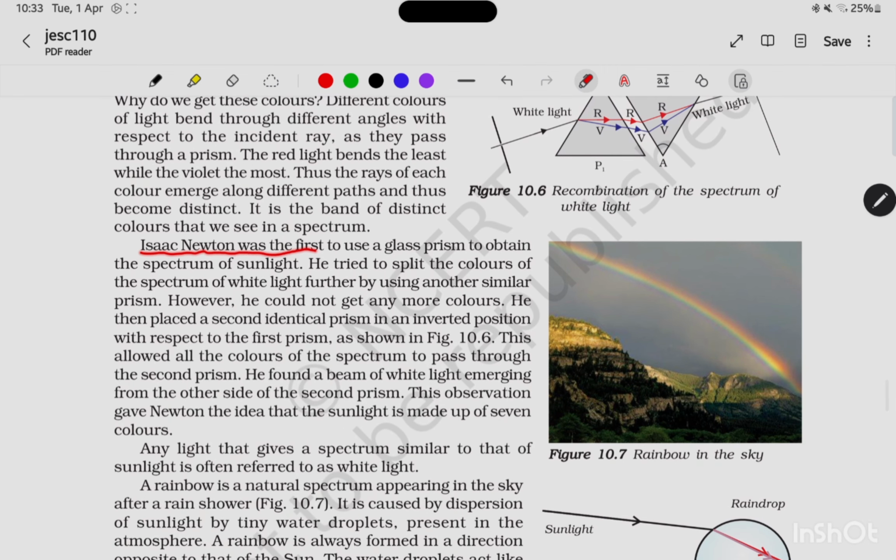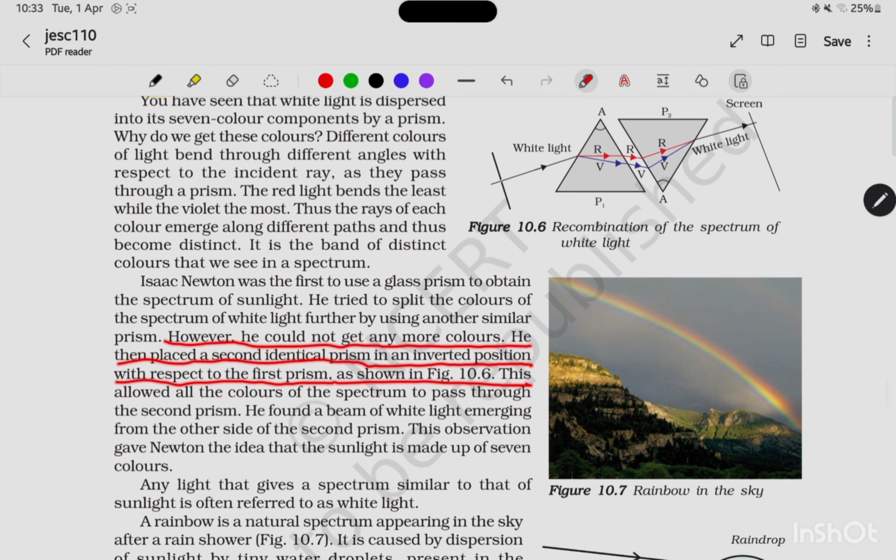Now, Sir Isaac Newton was the first to use a glass prism to obtain the spectrum of sunlight. He tried to split the colors of the spectrum of white light further by using another similar prism. Okay. However, he could not get any more colors. He then placed the second identical prism in an inverted position with respect to the first prism as shown in figure 10.6.